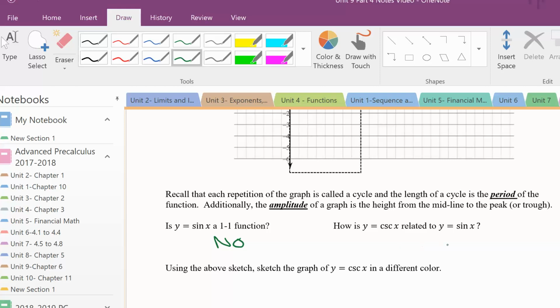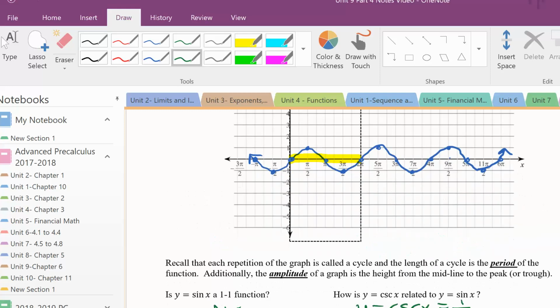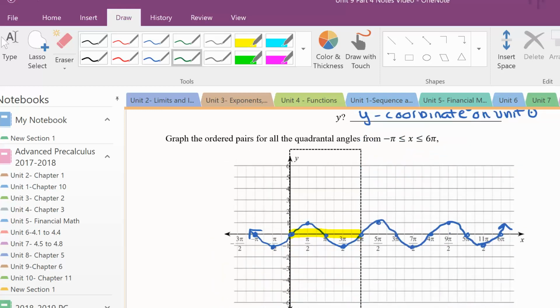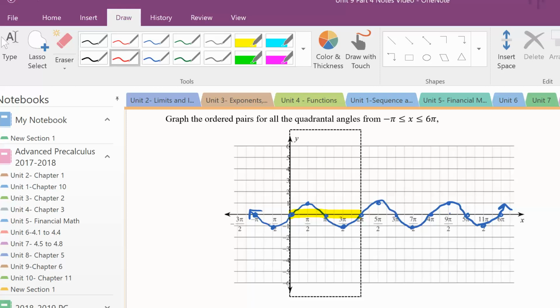The cosecant is related to the sine in that they are reciprocals of each other. So they are reciprocals. So using the above, I could sketch the cosecant in a different color. I'll use red.